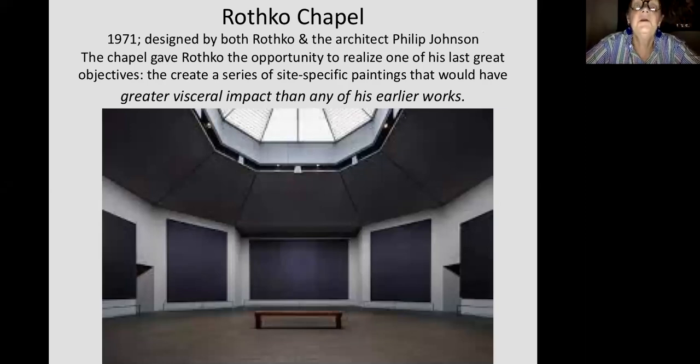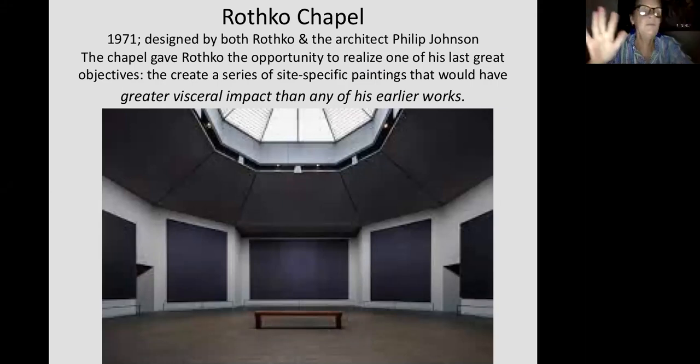I'm sure you're all aware of the Rothko Chapel in Houston. If you have not been there, I absolutely insist that you go. Put this on your bucket list. It will be one of the great art experiences of your life, I promise you. Rothko joined Philip Johnson to design this, and he did it to finish his bucket list, which was to create a series of site-specific paintings that would have greater visual impact than any of his earlier works.